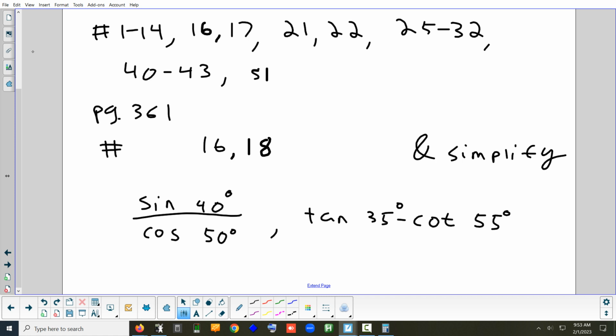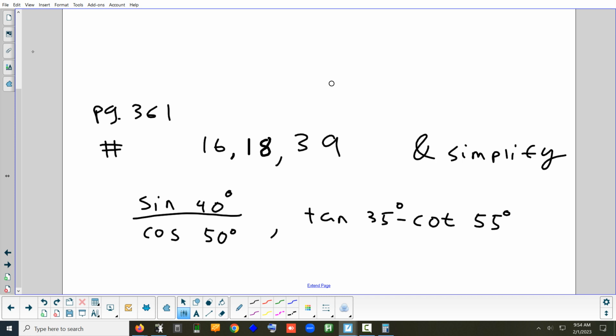And we'll just try one problem from what we just did. Let's try 39. Okay, so that's the homework. I just added one question. 16, 18, 39. And simplify these two.